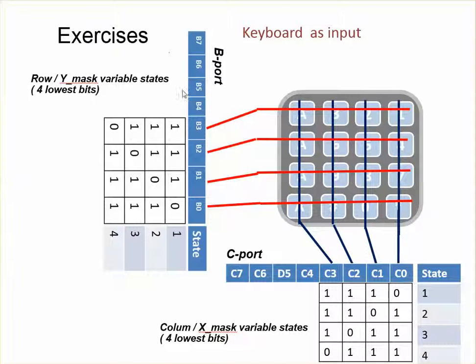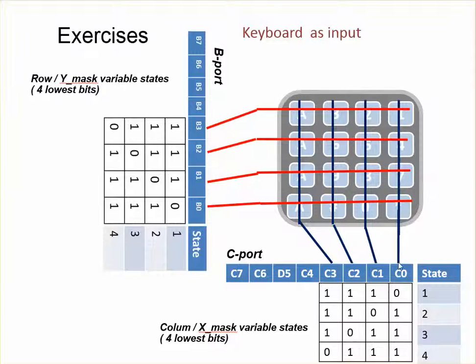And with that simple code example we were able to activate each of these rows at a time. So we can change the activated row with that small code example. And then let's see next how we read this whole keyboard.